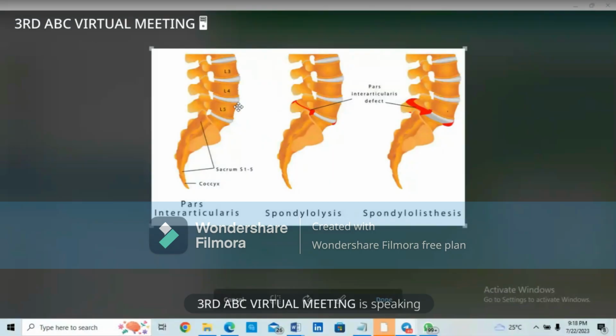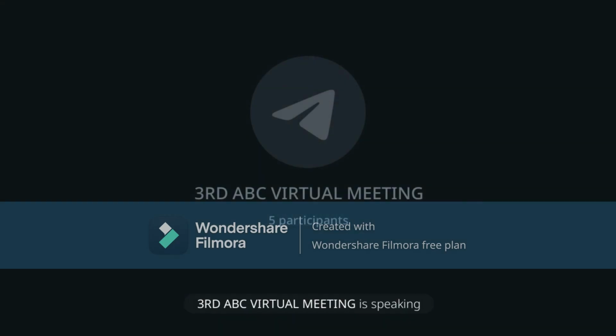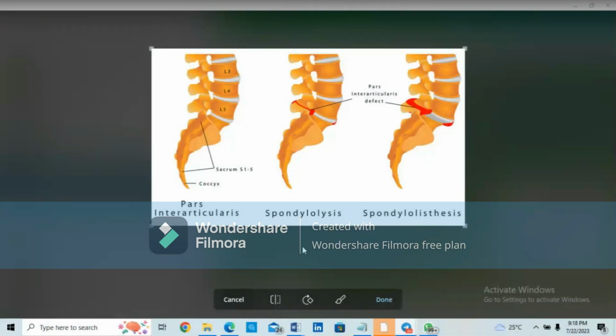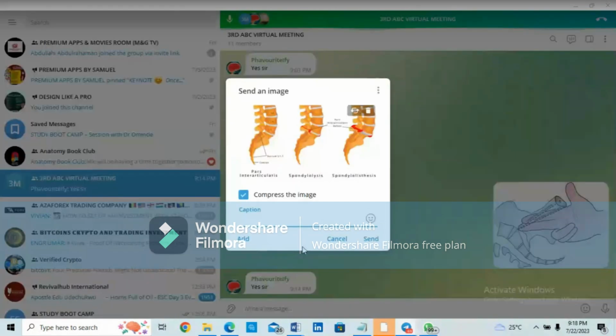Normally this is how it's supposed to be: the baby is supposed to come out through here and then pass straight. But because it's protruding, what happens now? The baby comes in and, instead of going through here, may go in this direction. I want you guys to understand the picture, not just explain it.